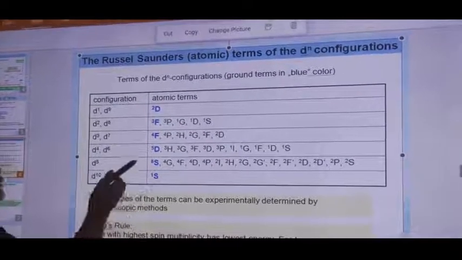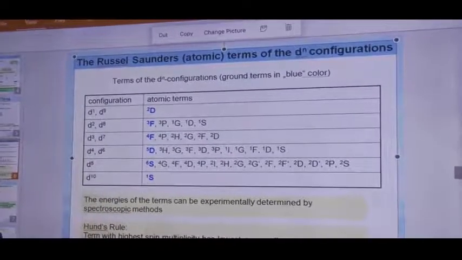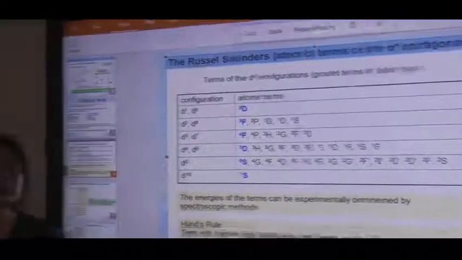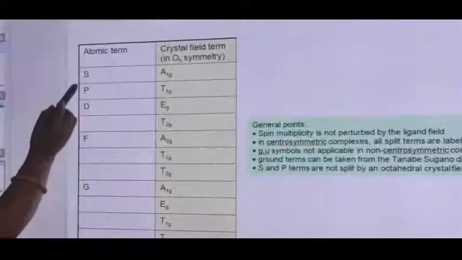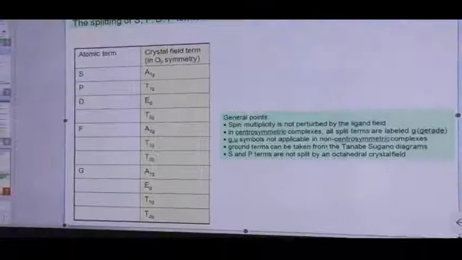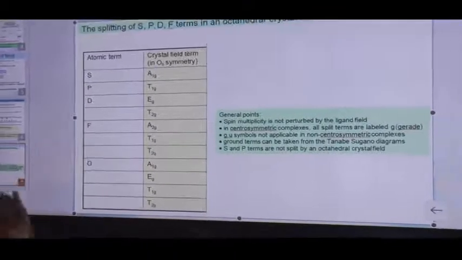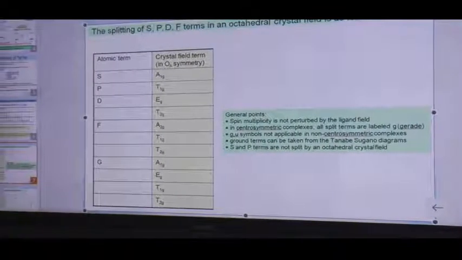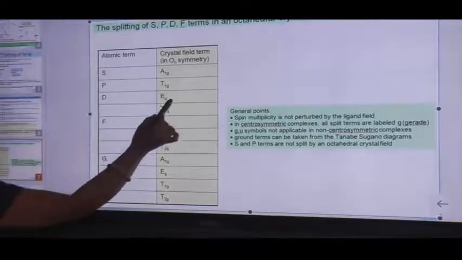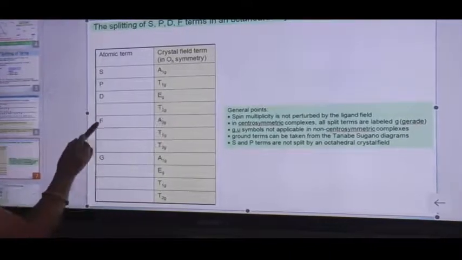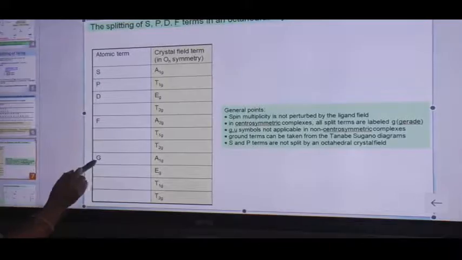The one with the highest L value will be the ground state term. And once we have the ground state term, if the ground state is S, it will remain as it is. If the ground state is P, it will remain as it is. If it is D, it will split into 2. If it is F, it will split into 3. If it is G, it will split into 4.